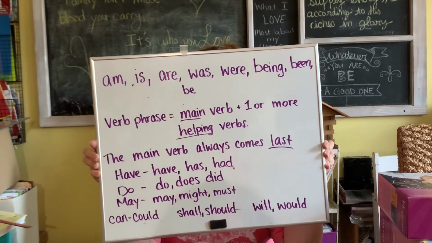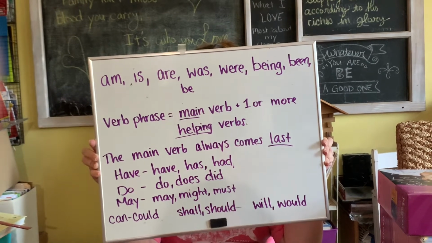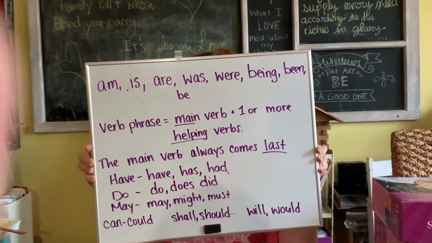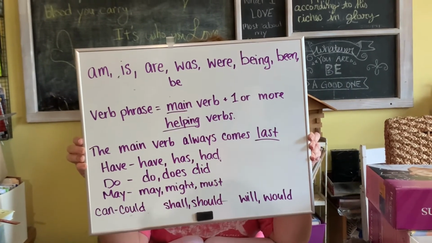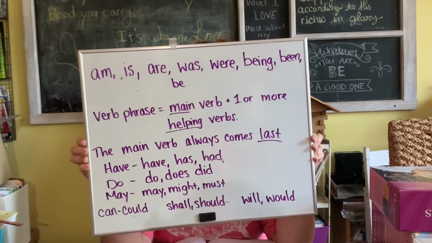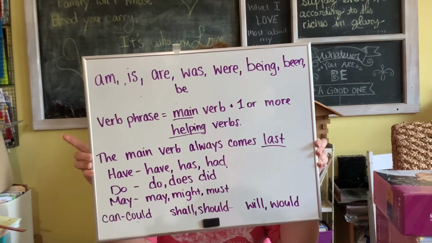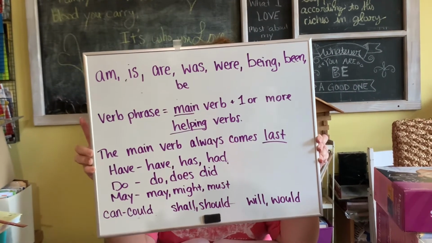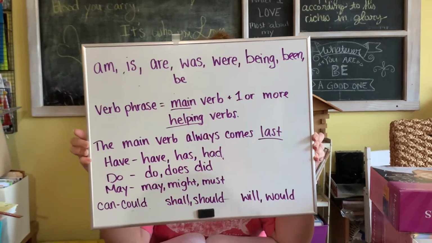Write the forms of may. May, might, must. And then you have 3 other pairs of helping verbs. Should be at the bottom of this screen. You have can and could, shall, should, will, and would. All right, so remember, pause the video if you need to, if you need help filling in those blanks.